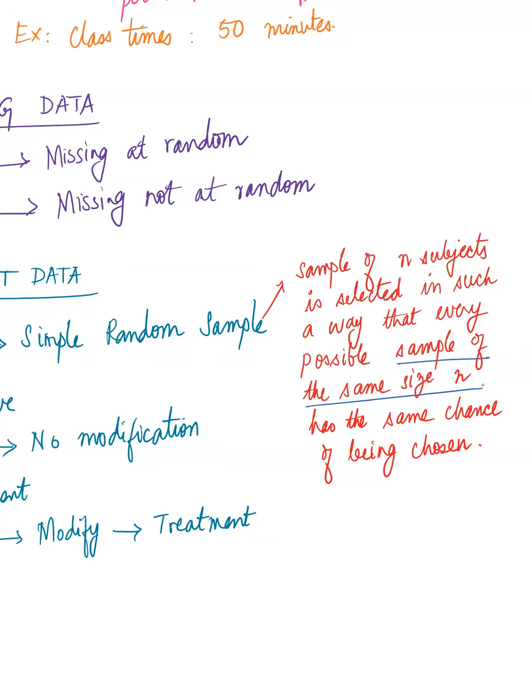Any group has the same chance of being chosen. Does it make sense? So the person could be in any group, and there is a chance of selecting that person in a group of 5, where any group of 5 had the same chance of being selected. That is the simple random sample.